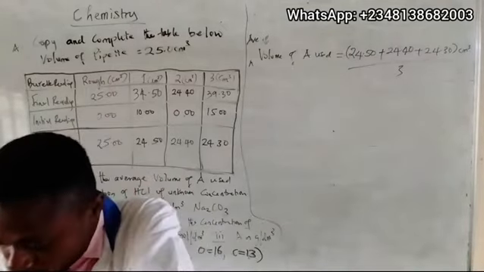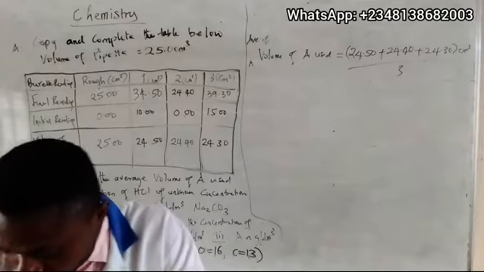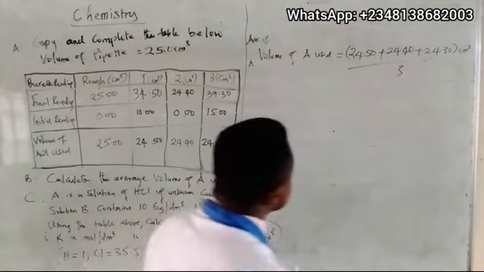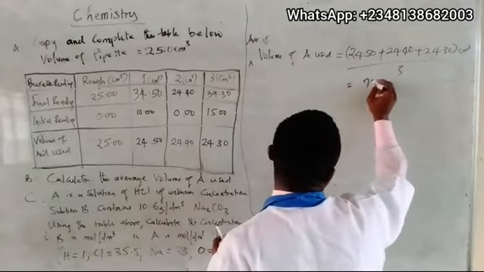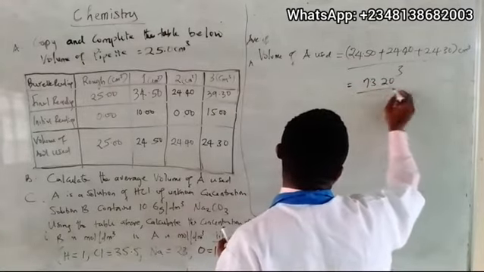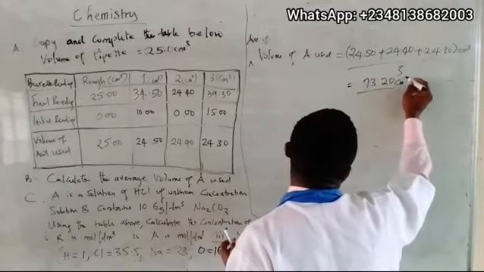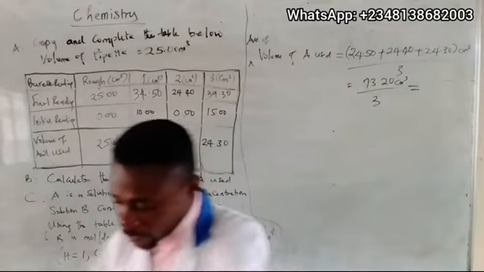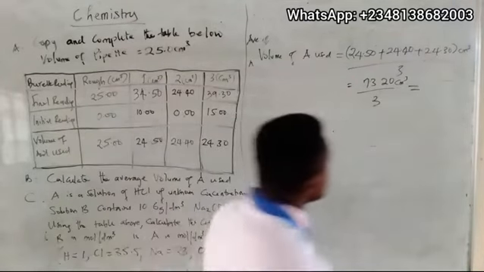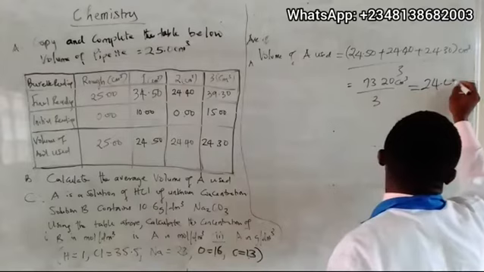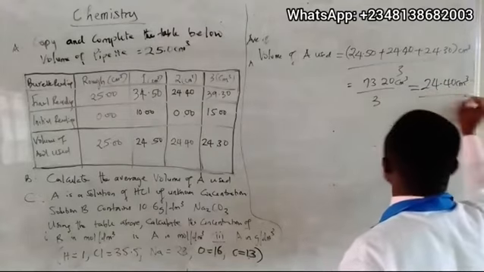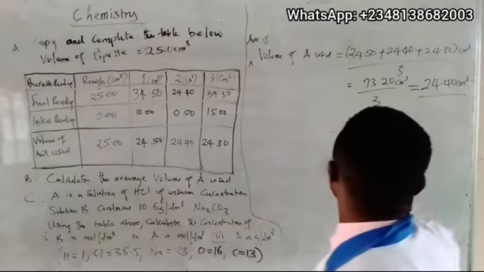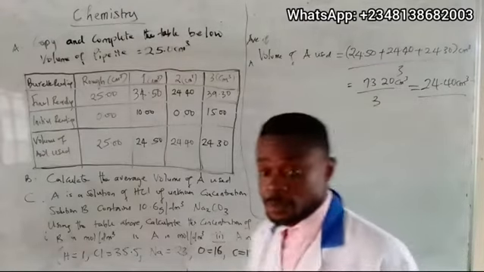So this will give us what? If you add them up, it will give you 73.20 cm cube divided by 3. And this will give us 24.40 cm cube. So the average volume of acid used is 24.40 cm cube.